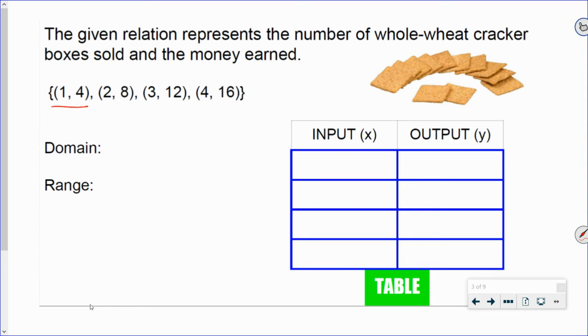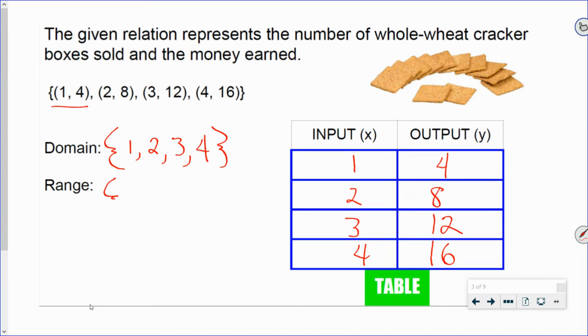All right, so you don't have to make it complicated or pretty or fancy like the table I have. But my input values are 1, my output's 4, 2 and 8, 3 and 12, and 4 and 16. But I might want to identify just the domain. So the domain is 1, 2, 3, and 4. And my range, my Y values then, are 4, 8, 12, and 16.